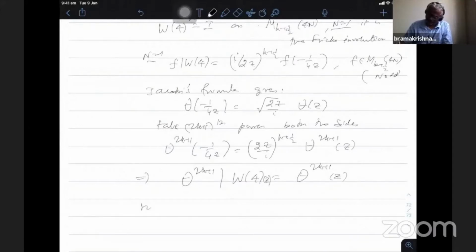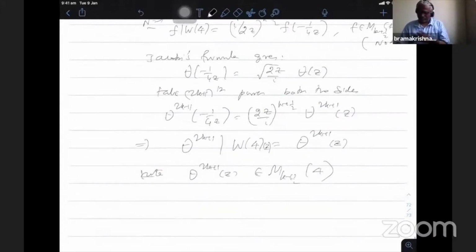So note that theta to the power 2k plus 1 of z belongs to M_{k+1/2}(Gamma_0(4)). So this is a function in level 4, and it is an eigenfunction under the W4 operator with eigenvalue plus 1.